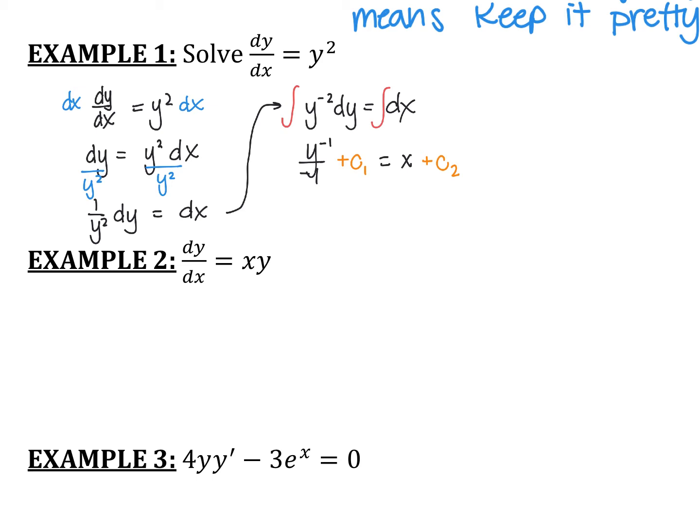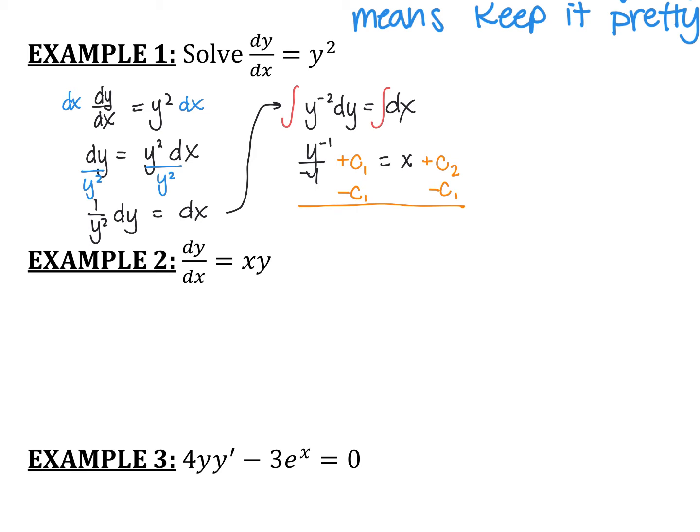Now, here is why we don't write constants of integration on both sides. My goal is to get what by itself again? Y. I want to figure out what y is. Well, in the way of y is that C1. So let's start with that. So the thing that I would do now is I would subtract C1 from both sides. In subtracting C1 from both sides, I'm taking C2 and I'm subtracting C1.